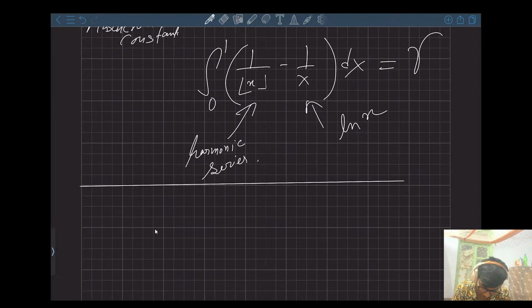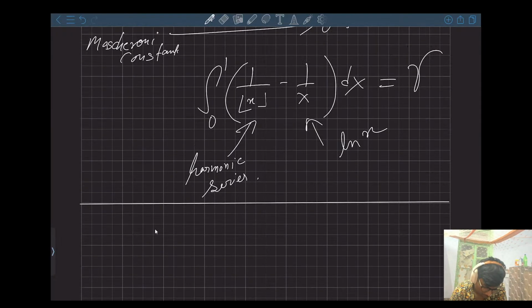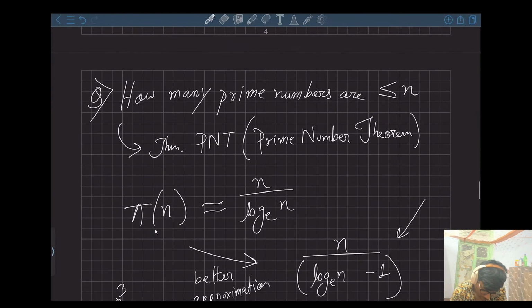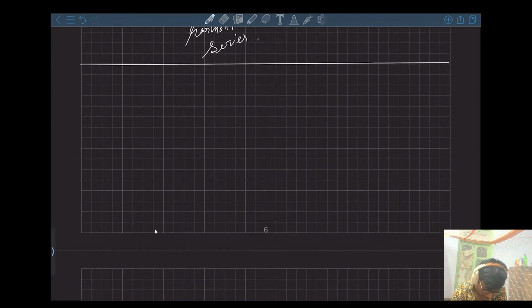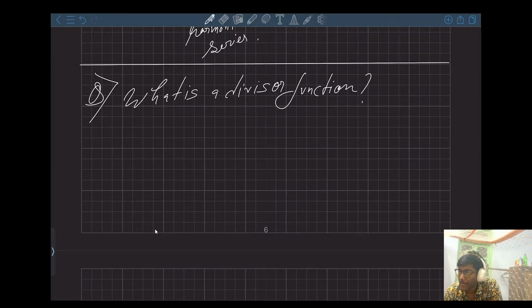Now let's talk about divisors, or the divisor function. There are a lot of approximations. Maybe a question: what is a divisor function? Let's say I give you an integer n.